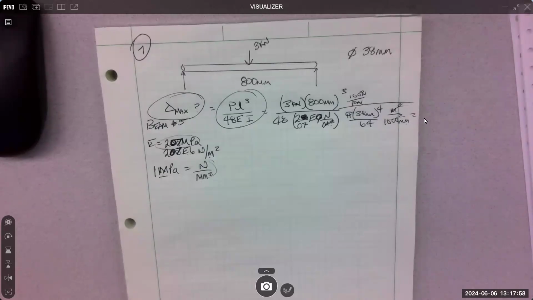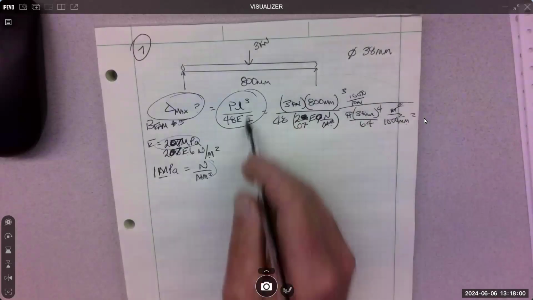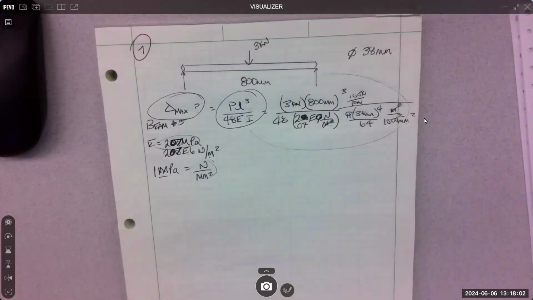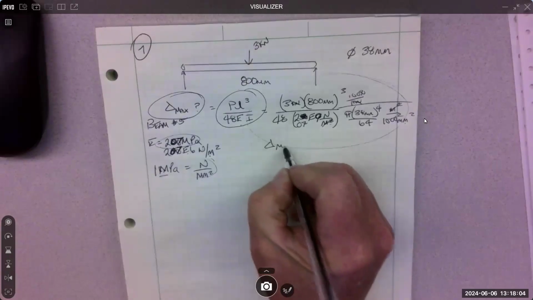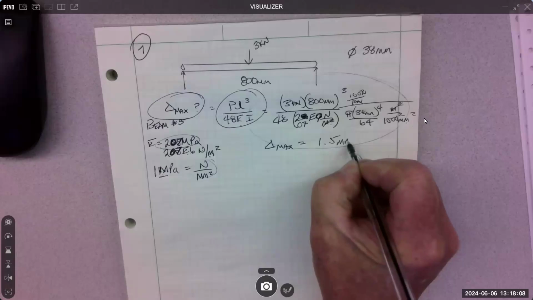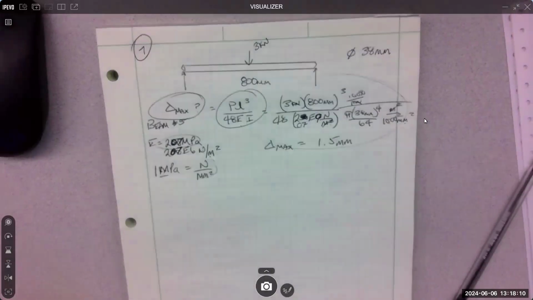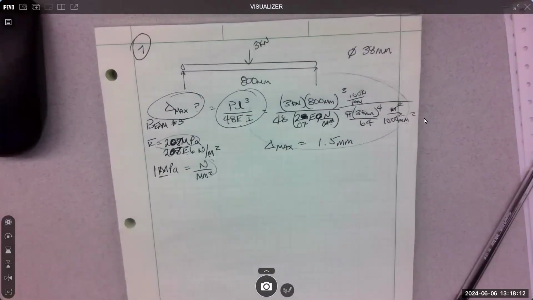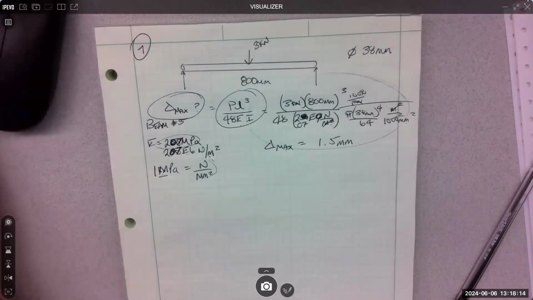All right. Then we just crunch it, right? Once we have all the units working out right, and we get what? 1.5, I hear. Is that what you got? Yeah. With some extra. No. I'll see what I get.